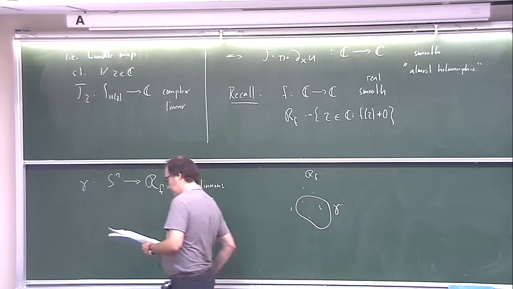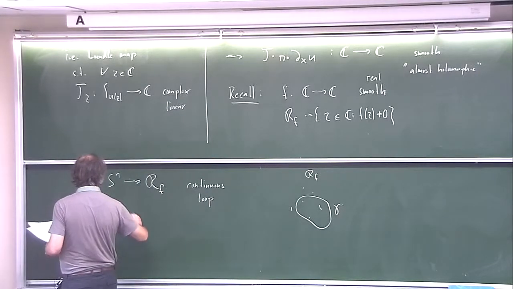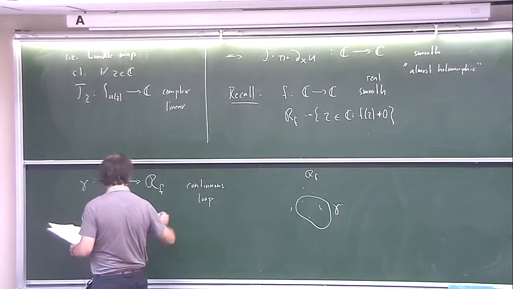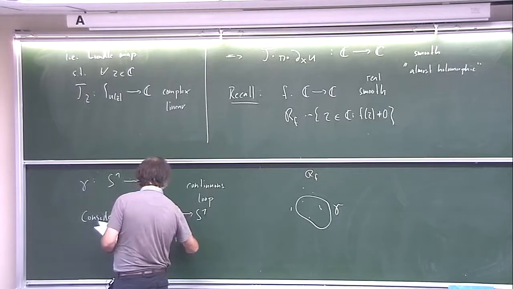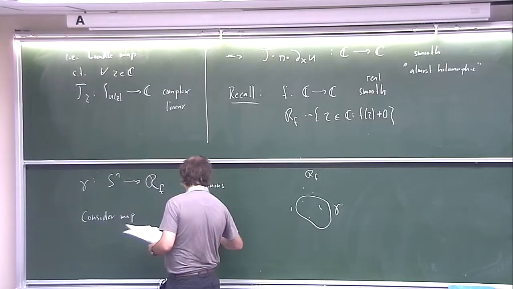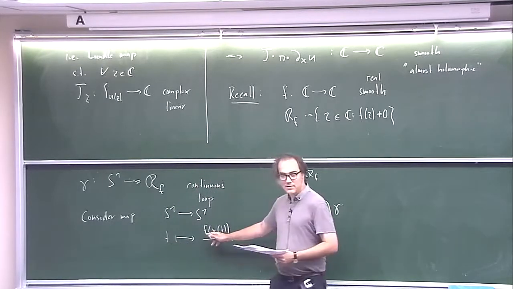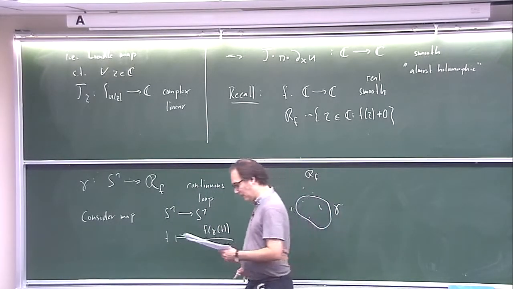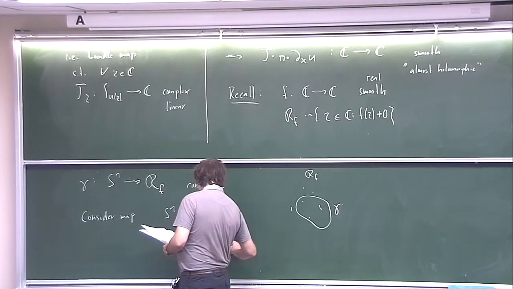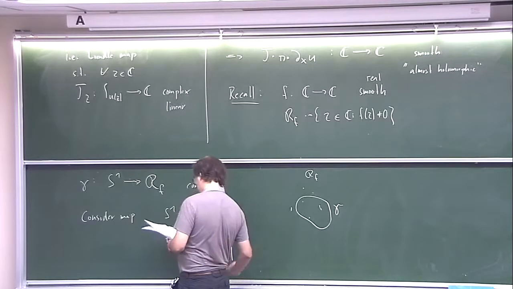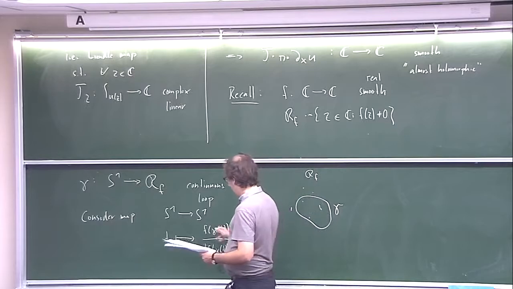Then we can consider the map from S1 to S1, t goes to f of gamma t, but because we are in the regular set, f is not 0, so we can divide by the length. And then this is a map from S1 to S1. And we can just look at its degree.